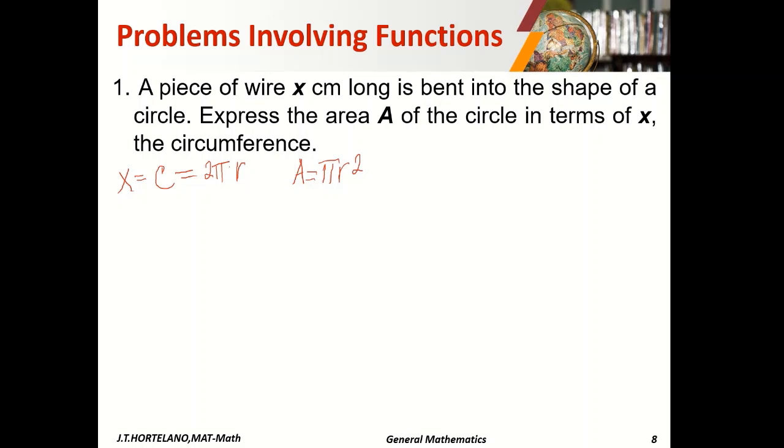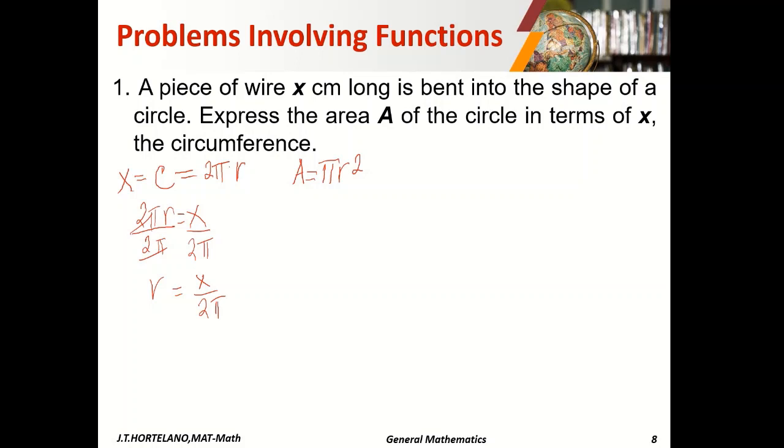So, actually, we can write this as 2 pi r is equal to x because they are symmetrical. Pwede ko naman silang ipagpalit. So, hindi maapektuhan ng equation. Now, solve for r. Divide both sides by 2 pi. Okay, so cancel. We have r is equal to x over 2 pi.